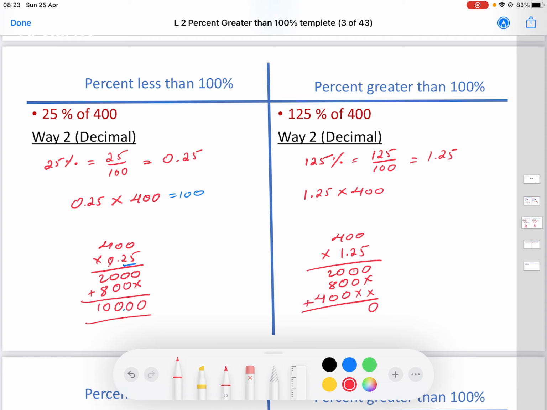Then when we add it, 0, 0, 0, 8 plus 2, 10, 0, 1 carry, 4 plus 1, 5. And since we have 2 digits in the decimal, our decimal place will be here. So answer is 500.